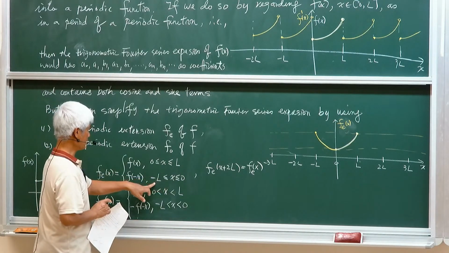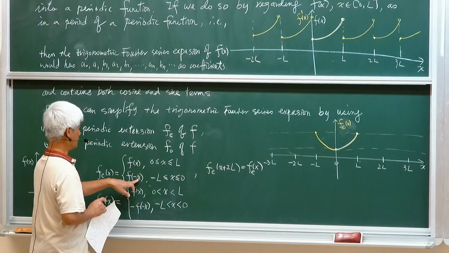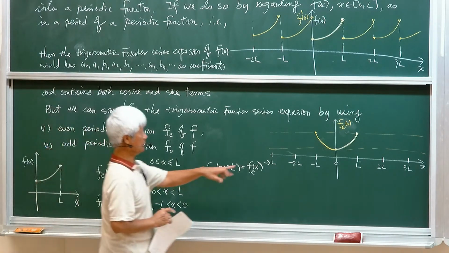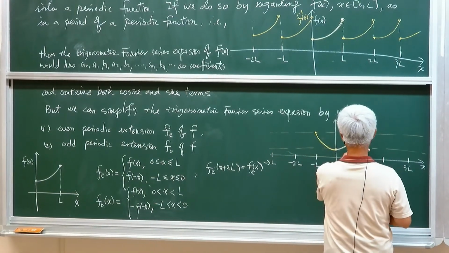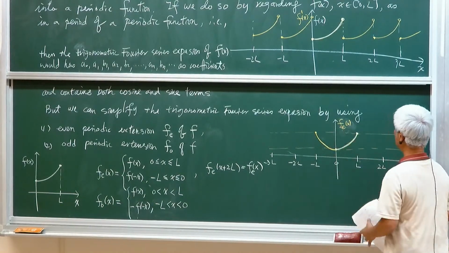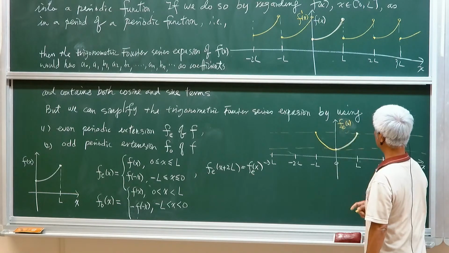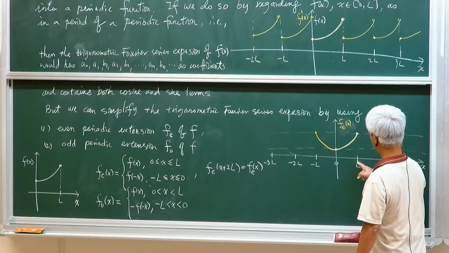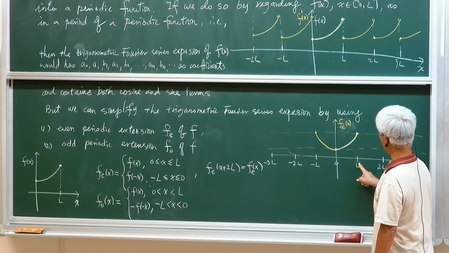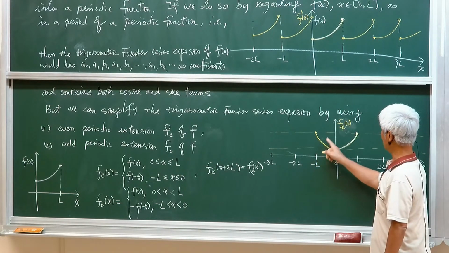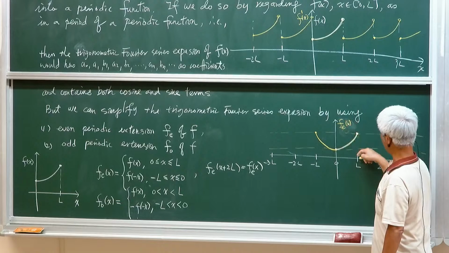So you can see that when x equals minus L, f_e(-L) is equal to f(L), right? So the value here, f_e(-L), is equal to f(L). You can see that for this even periodic extension, the values at L and at minus L are the same, at both endpoints.